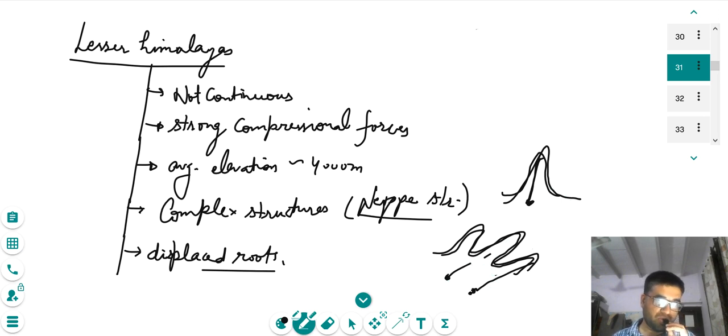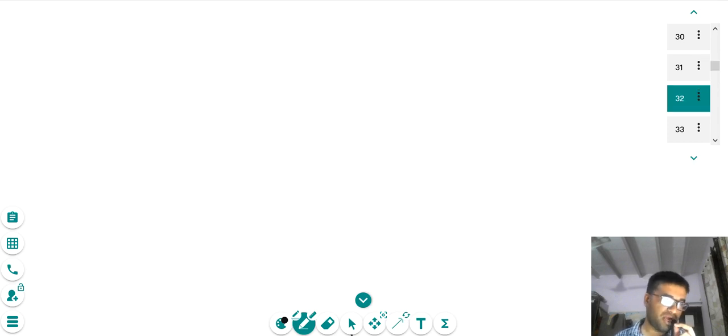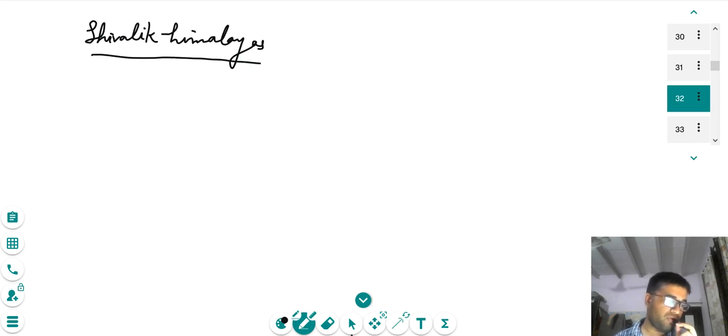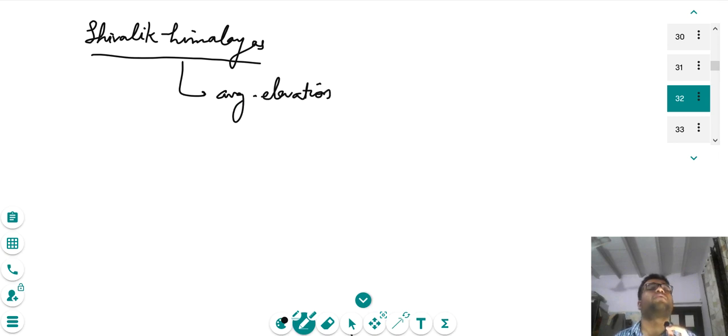Okay, so we have done the Lesser Himalayas properties. Moving on to the Shivalik Himalayas properties. The average elevation of the Shivalik Himalayas is around 1000 meters, right?